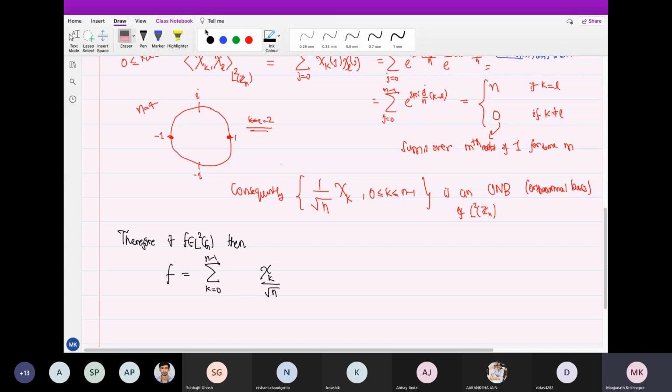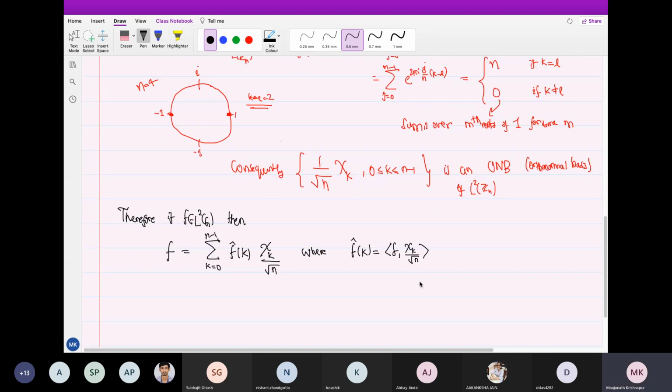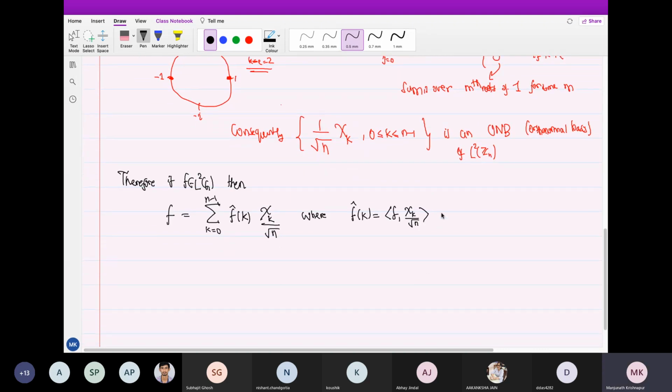We can write it with coefficients, which we will call f hat of k, where f hat of k is nothing but the inner product of f with that orthonormal basis element, namely chi k over square root n, for k in 0 to n minus 1.